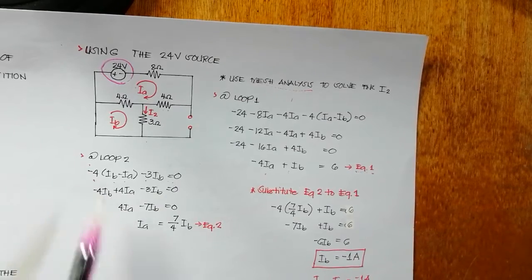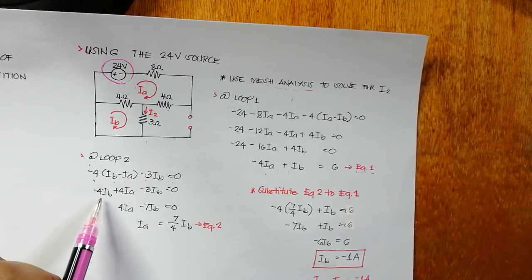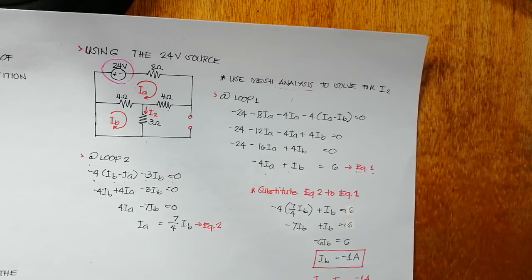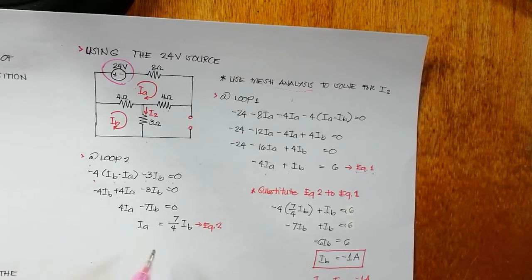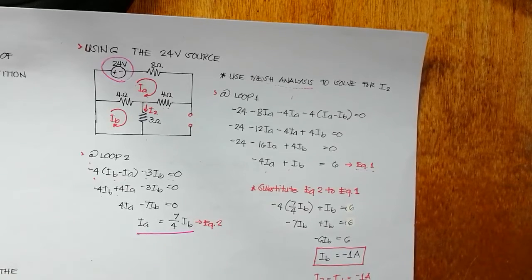Then distribute the negative: negative 4IB plus 4IA minus 3IB is equal to 0. Then simplify. We now have 4IA minus 7IB is equal to 0. Then finding an equation for IA, IA is equal to 7 over 4 IB.